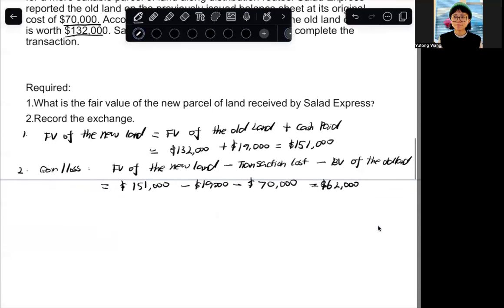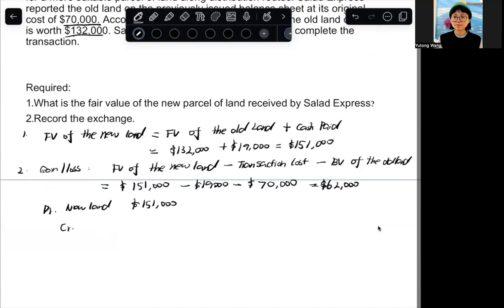And let's record the gain. New land. That's an asset. 151,000. Okay, that's what we calculated. It's the fair value of the new land.